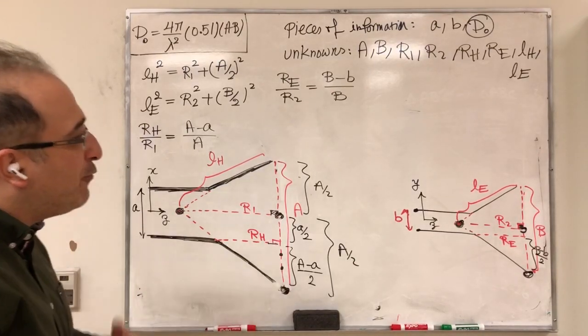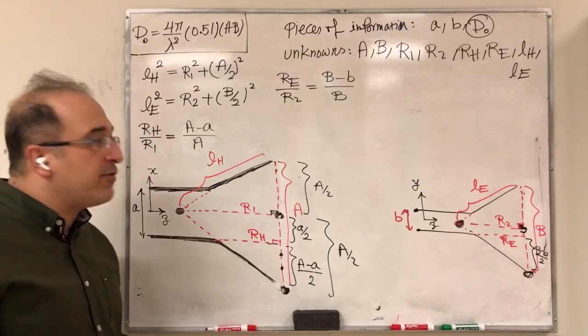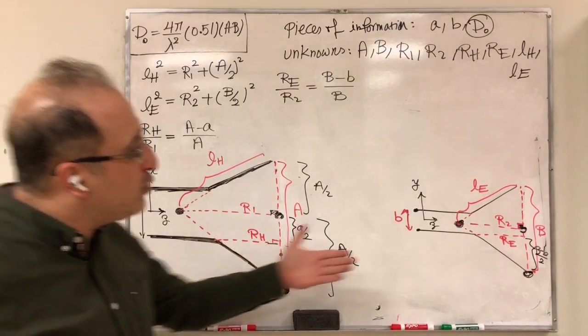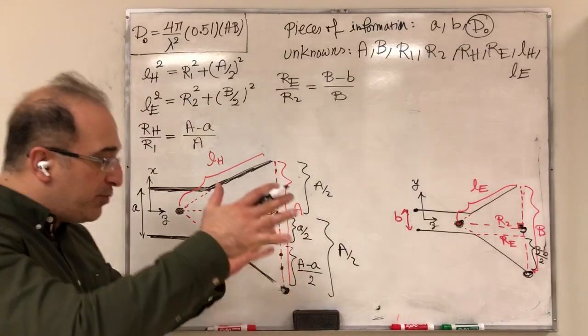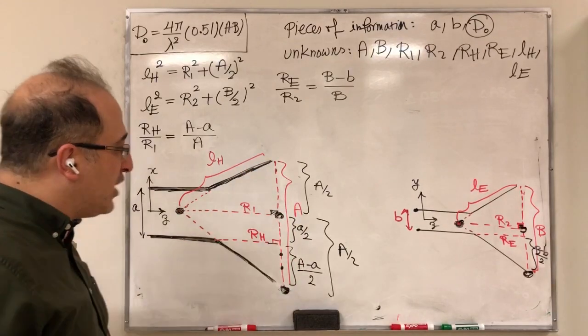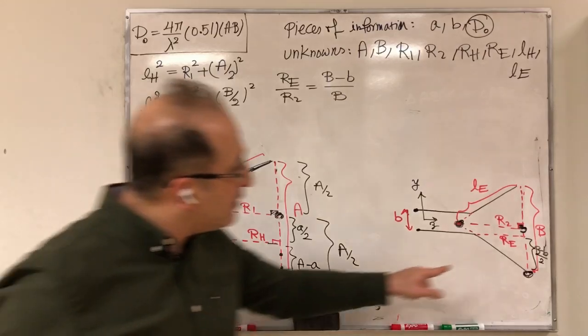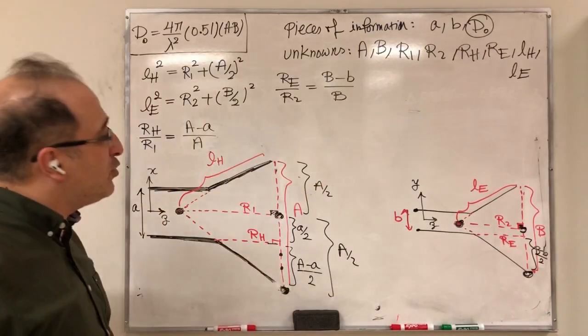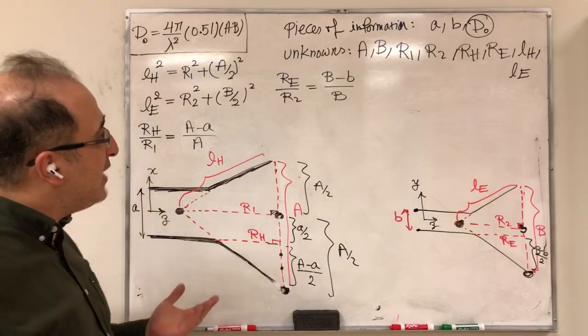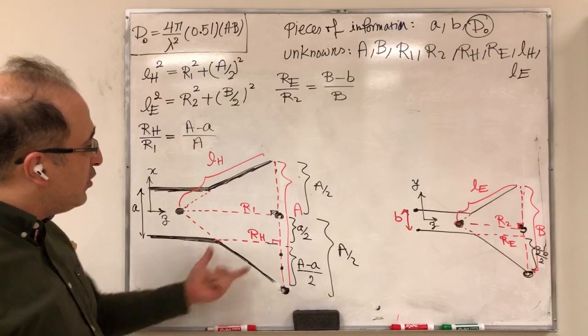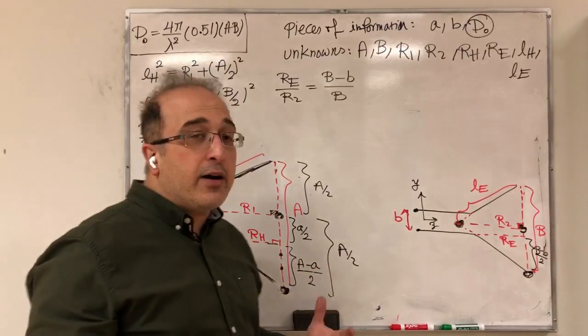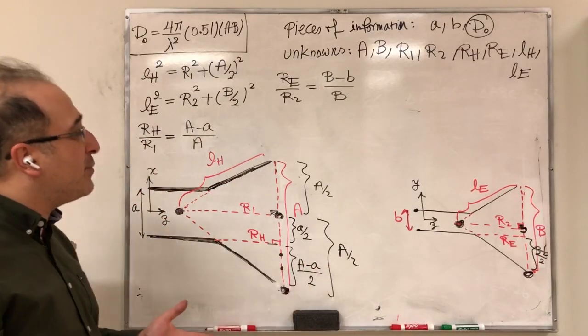Now, we have one more equation based on fabrication, because these are 2 cross-sections. And if you want to put this as a 3D object, then you definitely require that RE is going to be equal to RH. That's what you need to have the same RE and RH to be able to mechanically fabricate that.